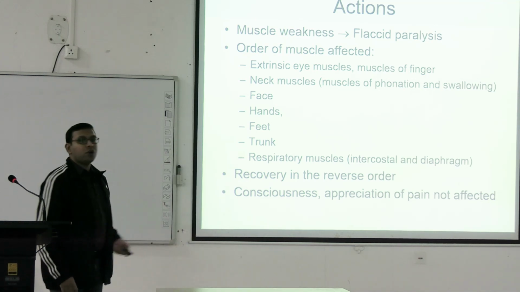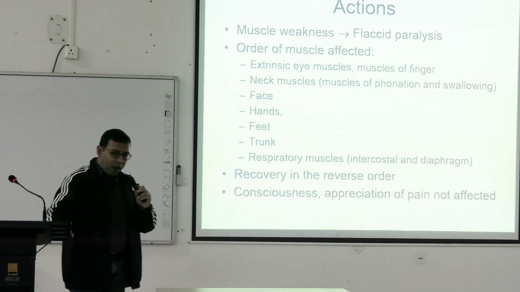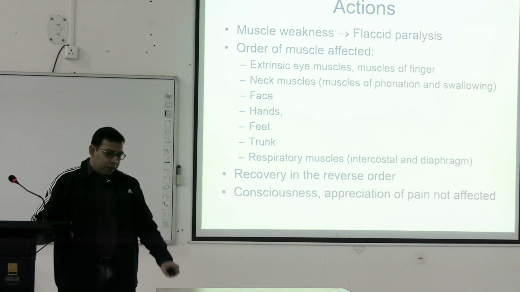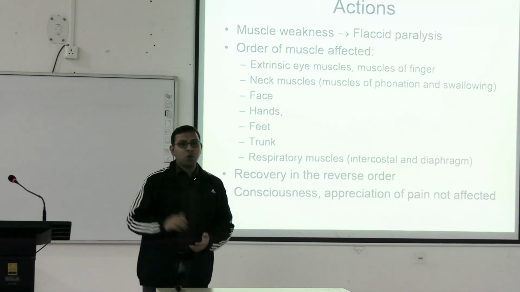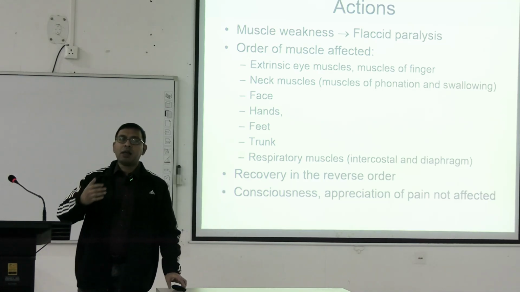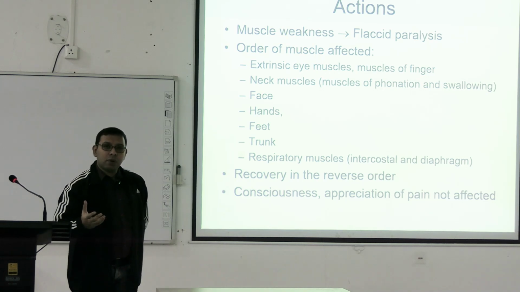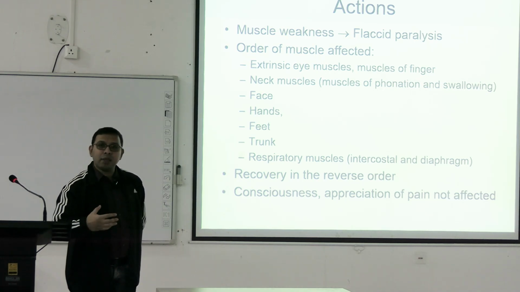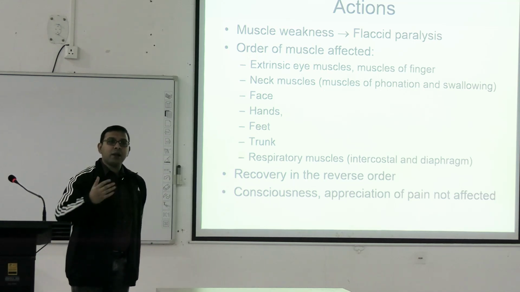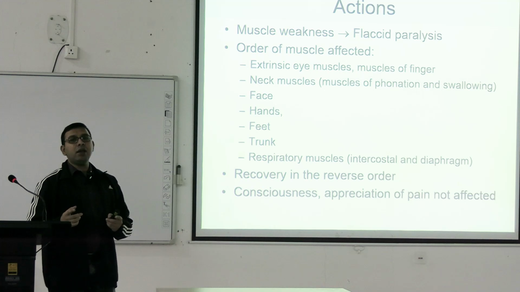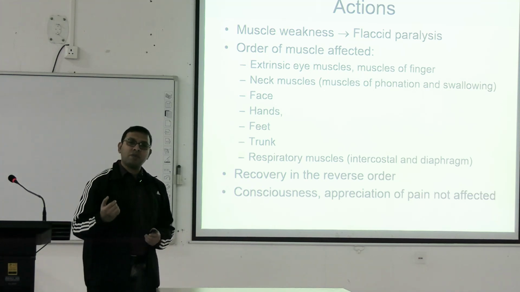So when we use this competitive blocker, what happens in different systems? In the muscle, it causes flaccid paralysis. The order of muscles affected is important, because we use these with anesthesia. When we give anesthesia, some muscles are affected first. When the patient is regaining consciousness, some muscles regain their activity earlier than others, and by seeing this we can tell whether the patient is coming out of anesthesia well.